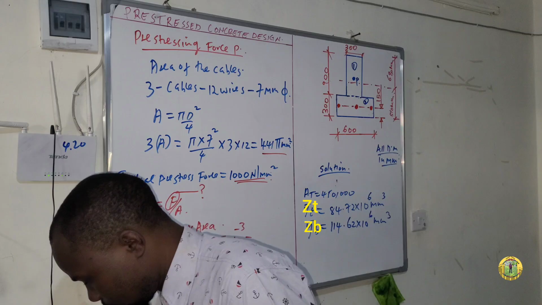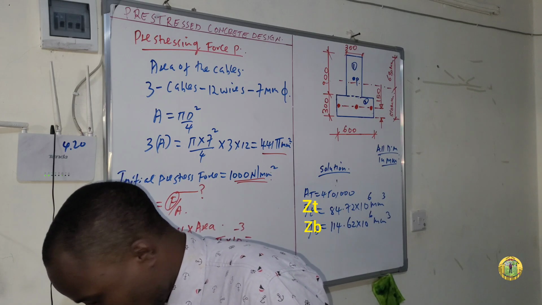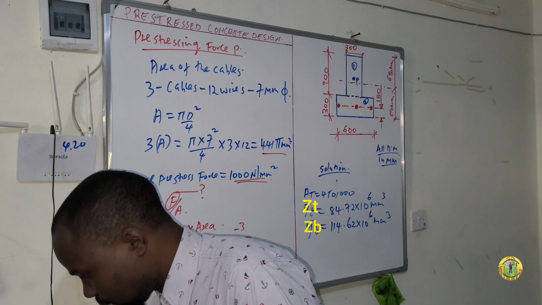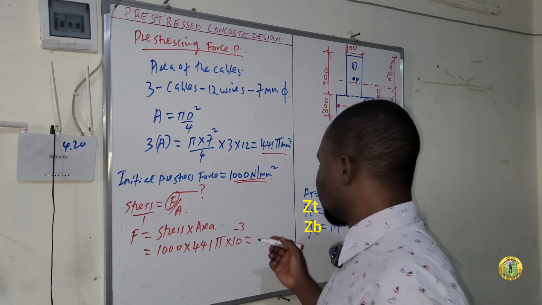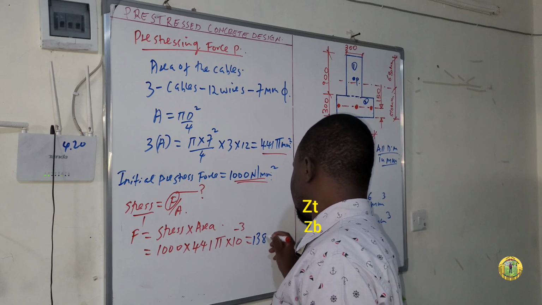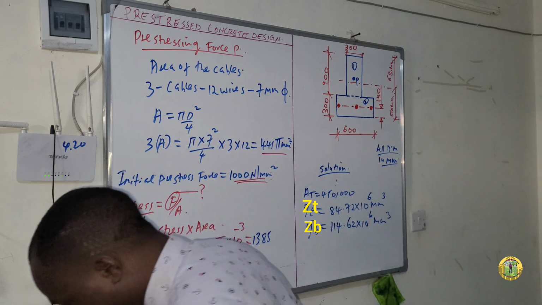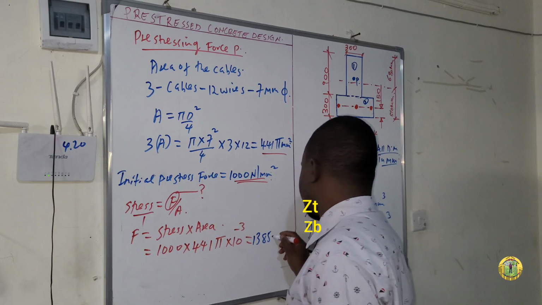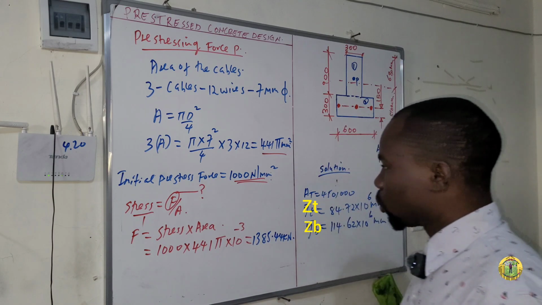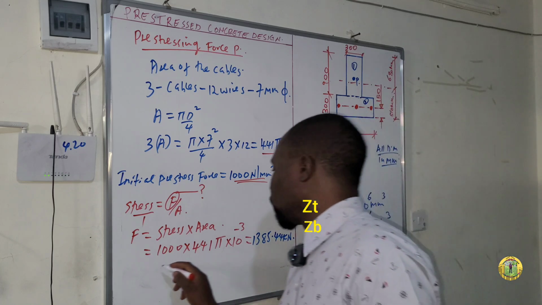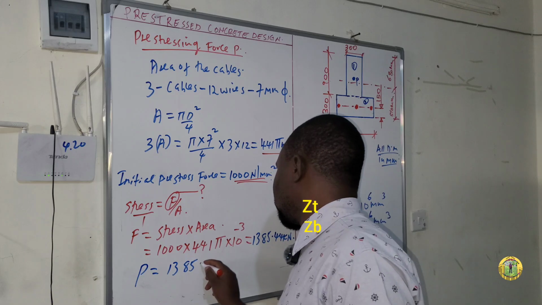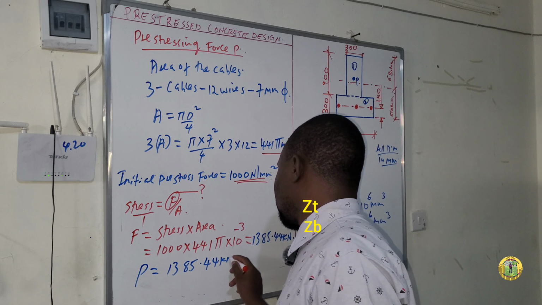So the answer is 1385.44 kilonewton. Now this is the P. So P is equal to 1385.44 kilonewton.